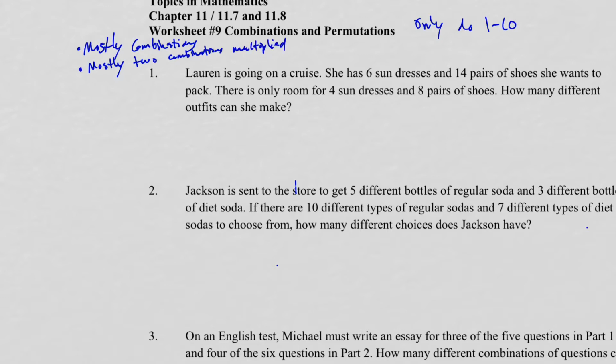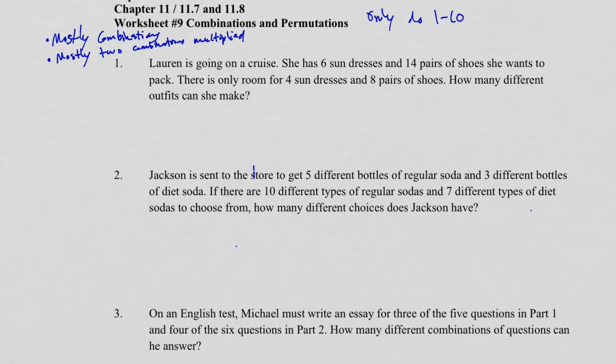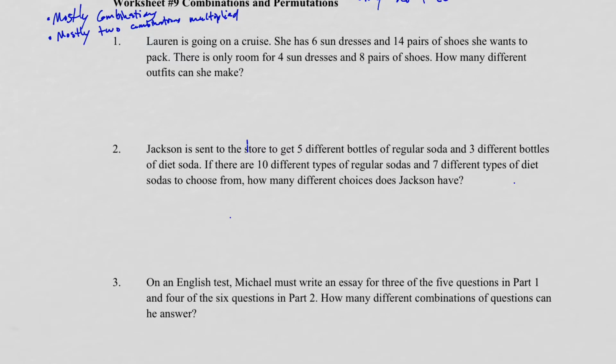So that's what we're going to be doing. We're going to do 2 separate combinations and multiply the results. Okay, so for example, we have a combination to calculate for her dresses.